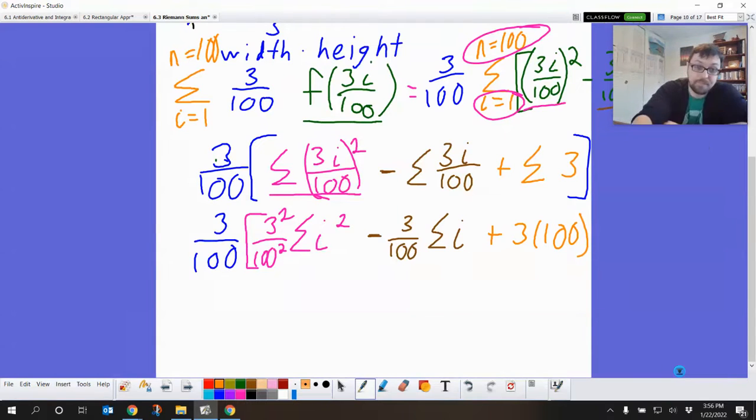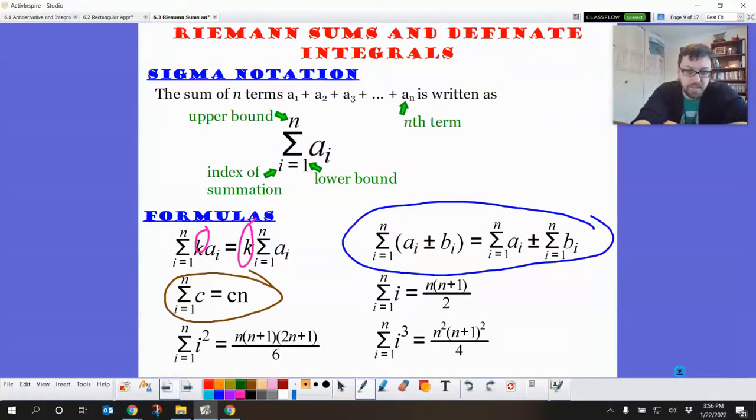Okay. Now we get into the crazier formulas. This pink one right here, i squared. Let's see what that is. So i squared is n times n plus 1 times 2n plus 1 divided by 6. So we're going to replace that with that mess. Ugh.